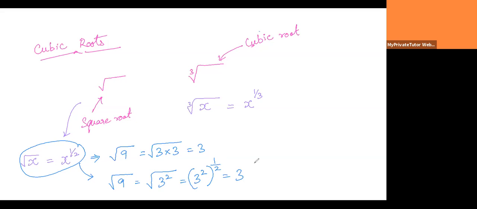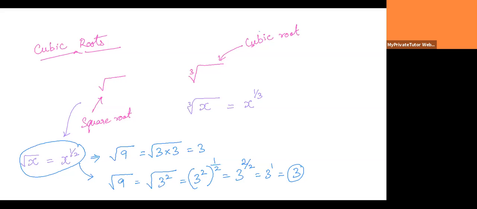So we have 3 square whole power 1 by 2, which is nothing but 3 power 2 by 2. The 2s get cancelled out, and we get 3 power 1, which is nothing but 3. I hope everyone understands this. If you want me to repeat, I will. So this is how the square root rule works.